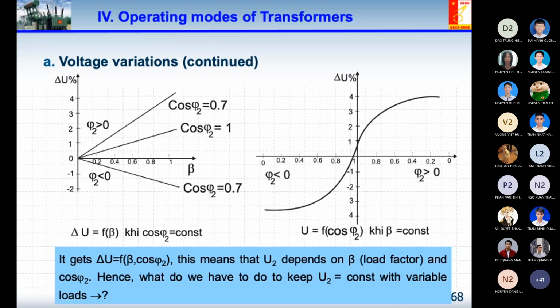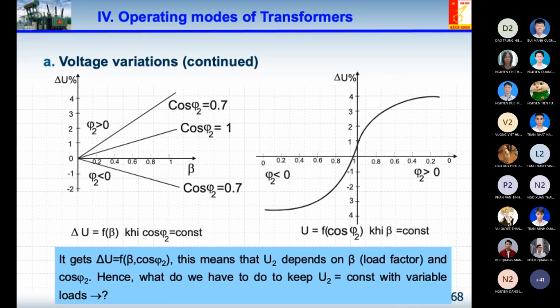Okay, and the question is: if you want to keep the output voltage of the transformer constant, even with a different load, how to do it?